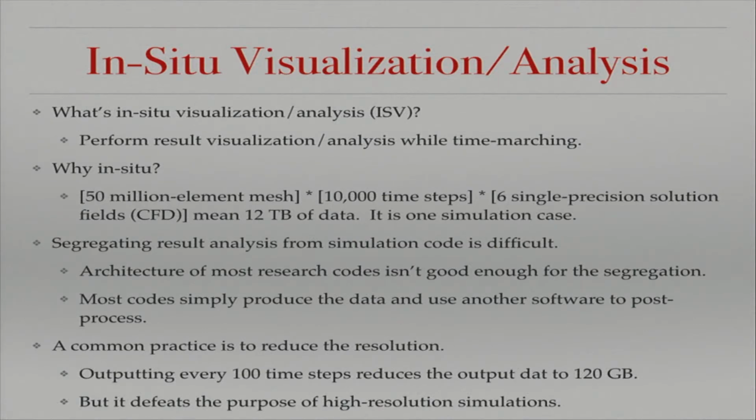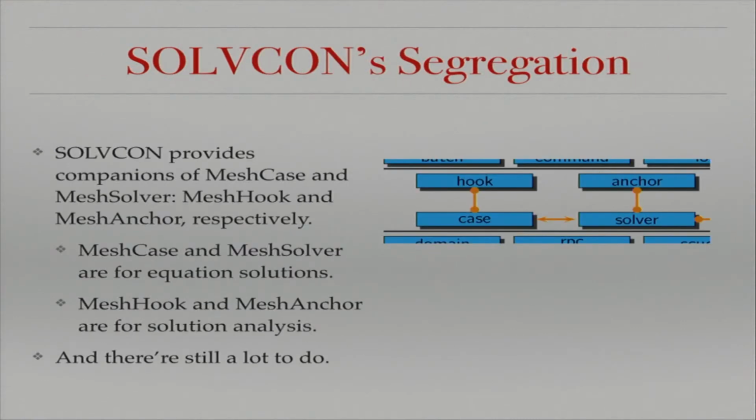They are all viable ways, but it just defeats the purpose of running high-resolution simulations. So I really want to solve this problem, but as I said, it's very difficult.